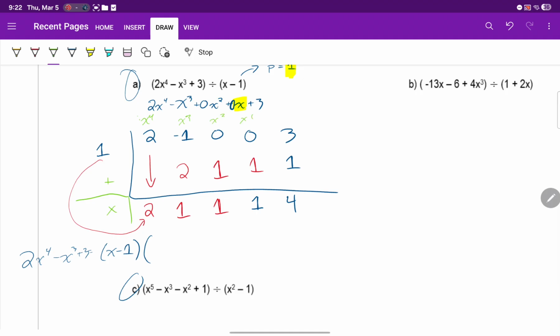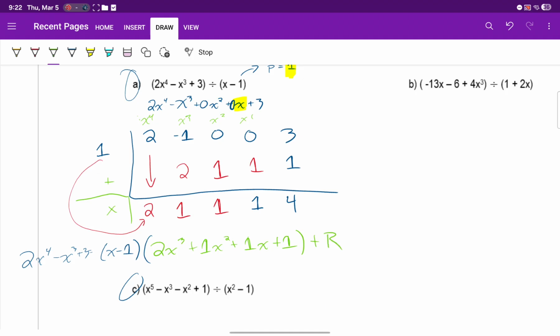So my new answer is 2x3. Whoa, that was a really bad 3. 2x to the power of 3 plus 1x squared plus 1x plus 1 with a remainder of 4. Okay?